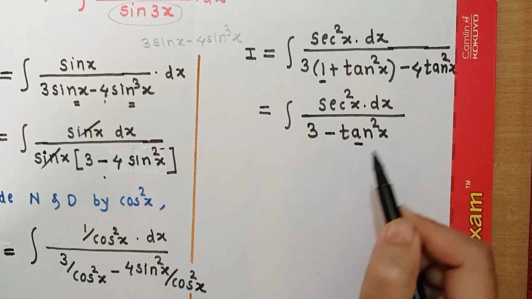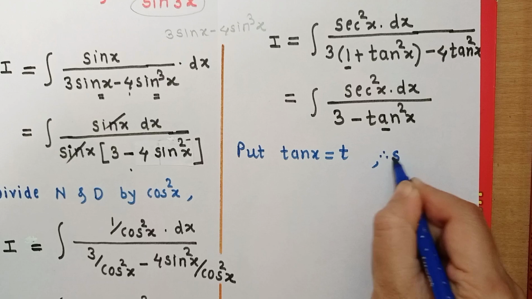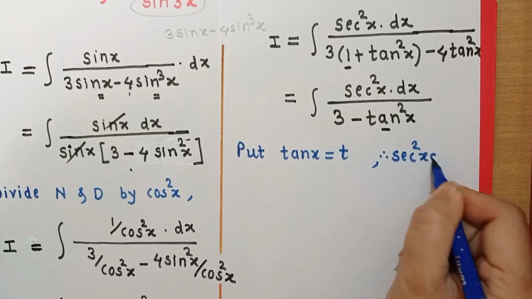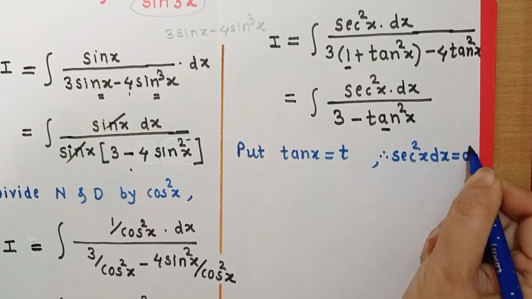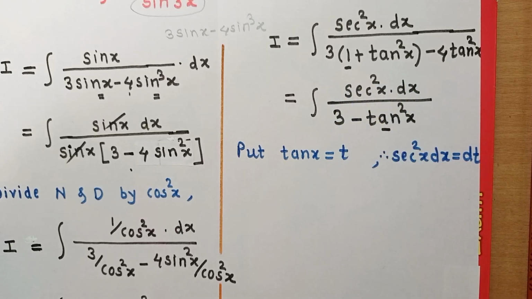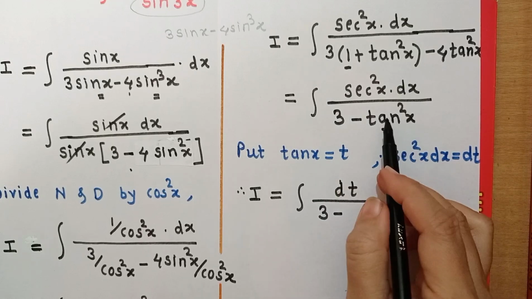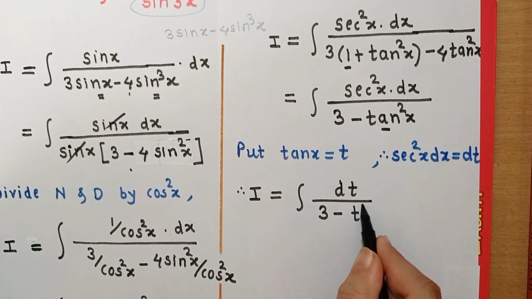Then we have to put tan of x equal to t, and therefore sec square x dx equal to dt, and so the numerator will become simply dt, and in the denominator 3 minus, and tan square x means t square.